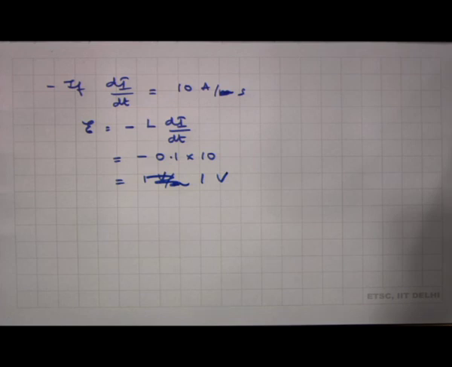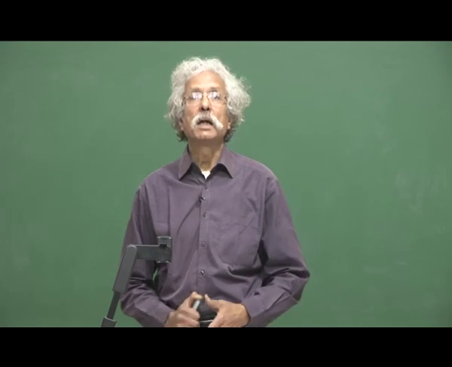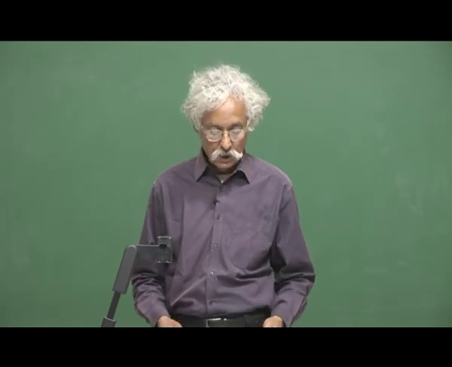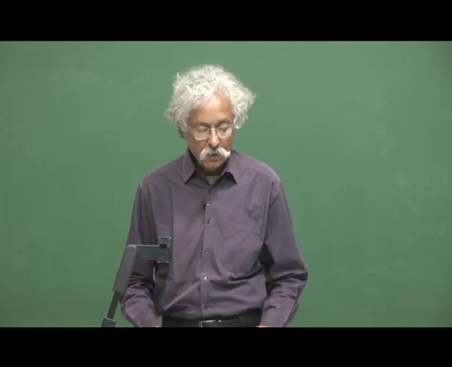That induced an EMF of 1 volt in the solenoid, and that will act against your applied source that you are passing the current through. So, that is an example of a self inductance.